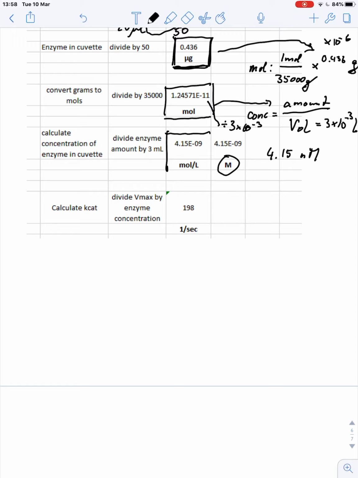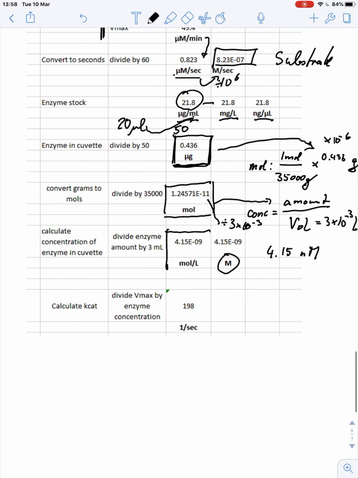Or we can also write it as 4.15 times 10 to the minus 9 molar.